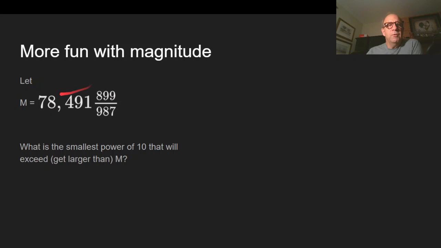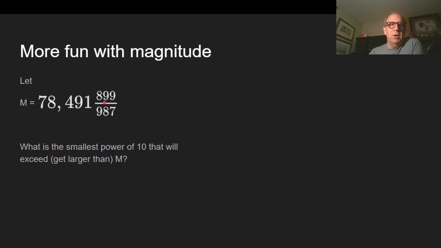All right, more fun with magnitude. So if I have 78,491 and 899,997, that's a big mixed number. What's the smallest power of 10 that will exceed or get bigger than this number? So basically, I'm looking at 78,492, right?